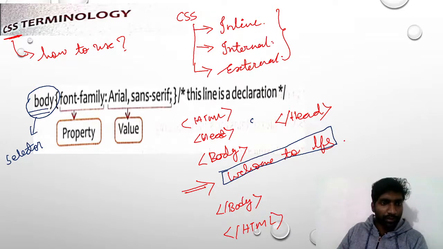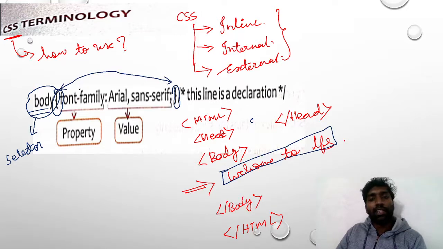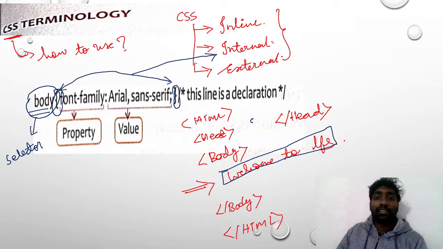You can see these curly braces opening, and here it is closing. Curly braces means if this bracket is opened, you may consider we are writing the internal CSS. Sir, we are not understanding what is internal, what is external. You need not worry, just listen to only the basics and I will explain all those things.